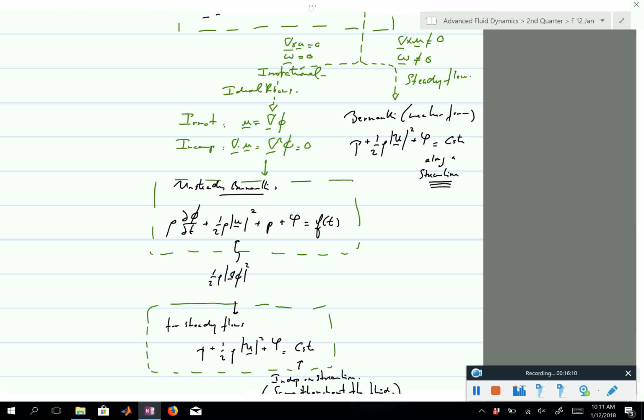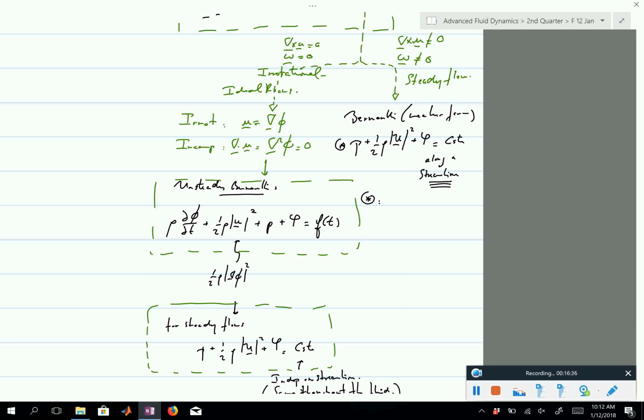Usually, you want to make use of the Bernoulli equation when you write the Euler's equation in streamwise coordinates, right? Then you can also project it in the direction normal to the streamline, right? And that gives you information about how the pressure varies across streamlines.